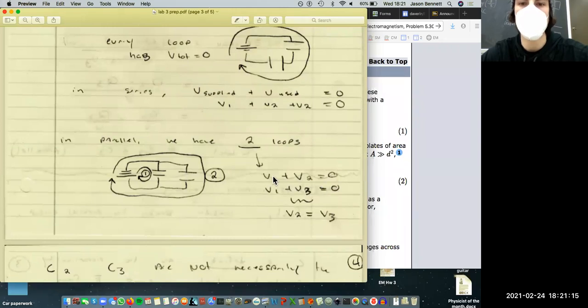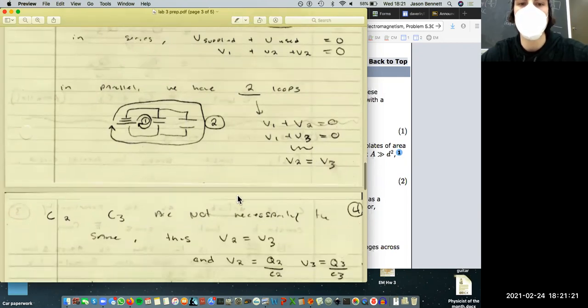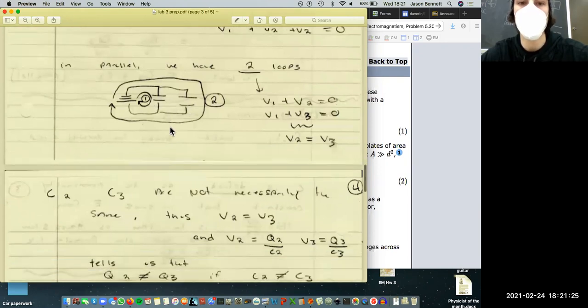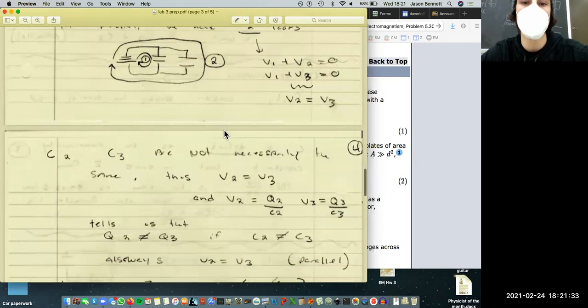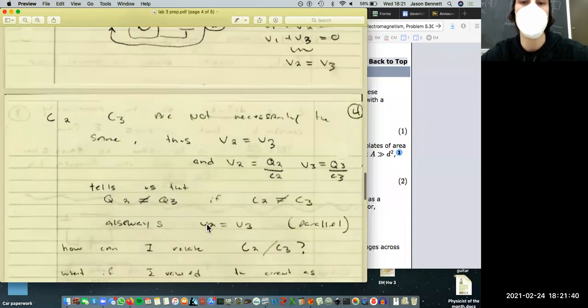If I cancel the V1s from each of these equations, I know that V2 and V3 are equal to each other. This doesn't mean that the capacitance for each of these things is the same. The only thing that's true is that the voltage drop across both of them in parallel is the same. In particular, it tells me that neither the charge nor the capacitance needs to be equal, only that the voltages need to be equal.